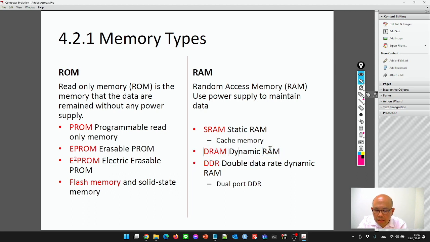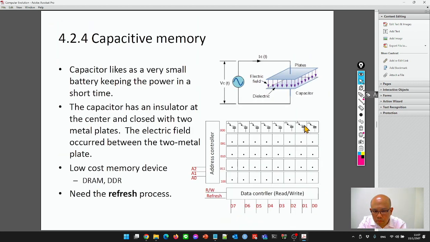I told you the DRAM has the mechanism of refresh. What is the refresh? The refresh is like recharging the capacitor. We know the capacitor is a structure like a battery.